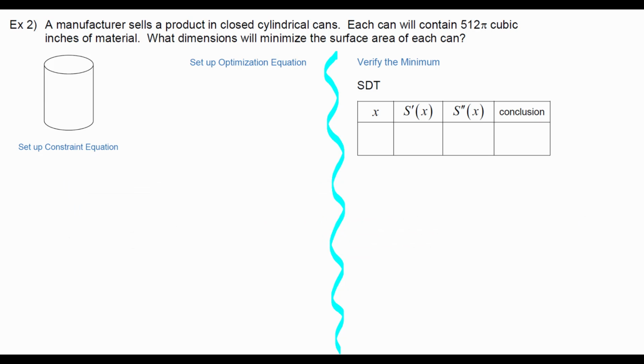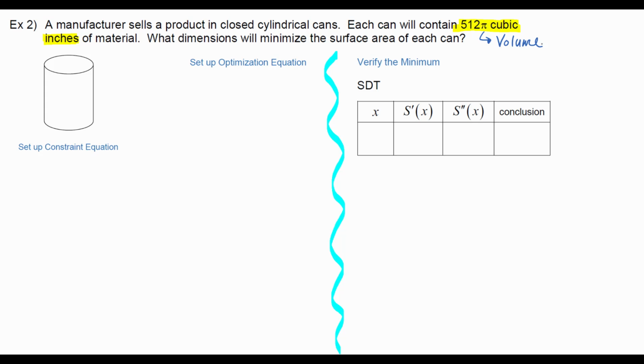Since they said cylindrical cans, let's say you draw a cylinder here, and let's try to identify known values. I see there is a known value of 512 pi cubic inches. And even looking at the units, since it's cubic inches, you could totally tell it is the volume.